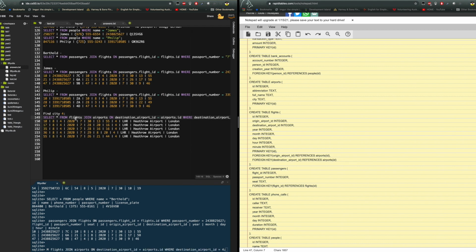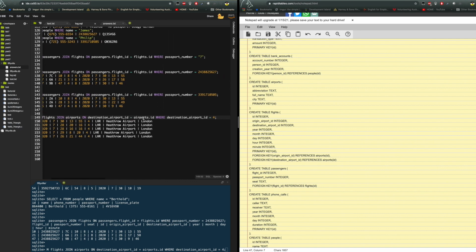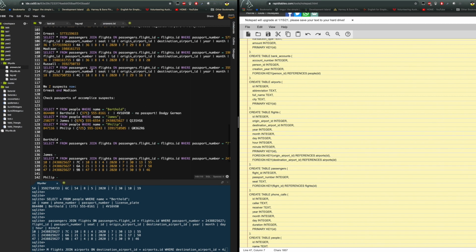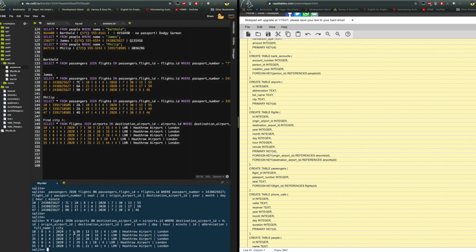So basically, flights, I'm joining airports on destination airport ID, which equals airport ID, where destination airport ID equals 4. That's what I need to know, because they flew from the fifth wheel, which is airport 8, to airport number 4.